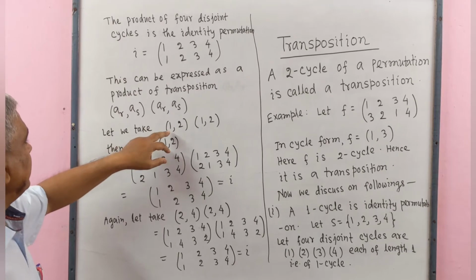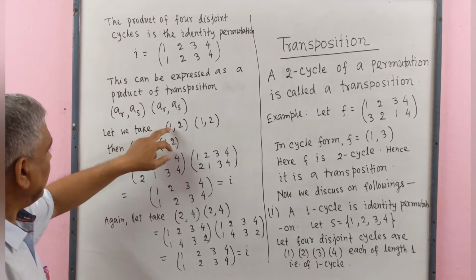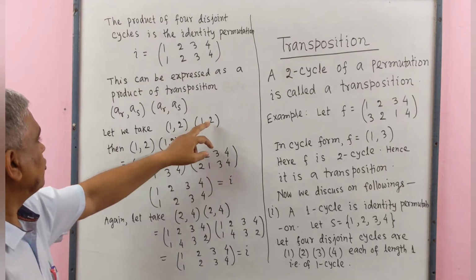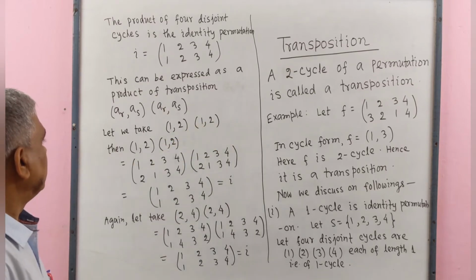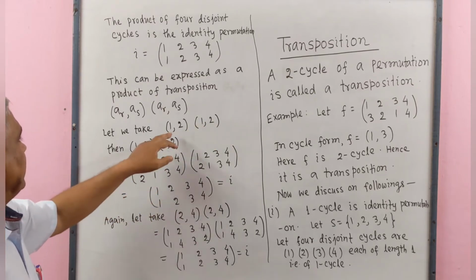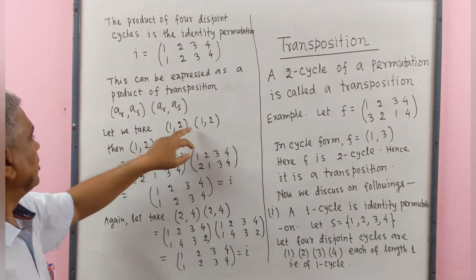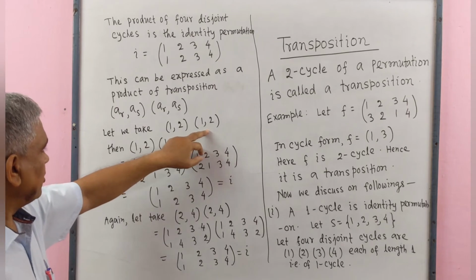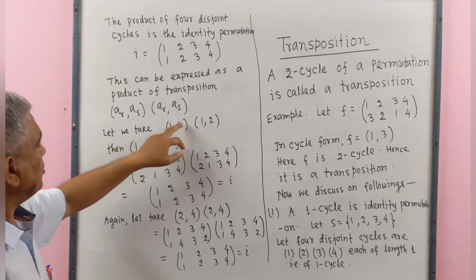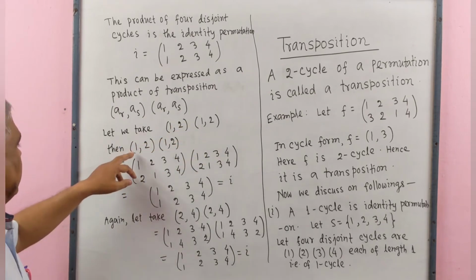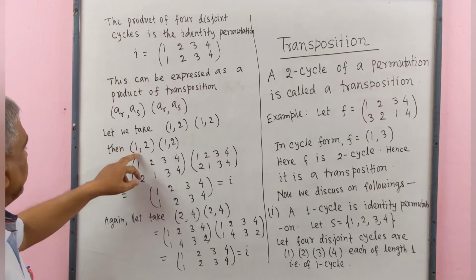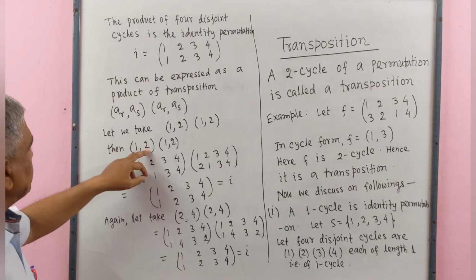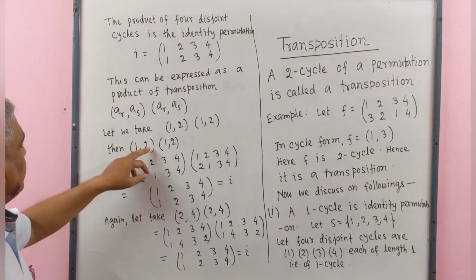Here we have taken transposition (1 2) and the same transposition (1 2). Now we multiply these two transpositions, means two permutations, means product of 2 cycles. This means image of 1 is 2 and image of 2 is 1.